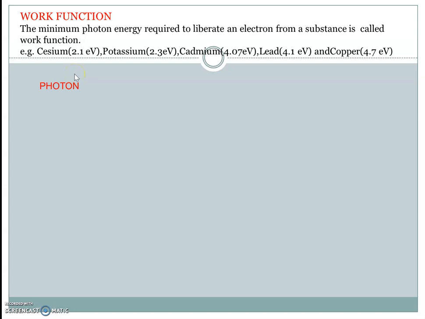Now move to next topic, which is photon. I have included photon because photon is very important feature of photoelectric effect. Planck's quantum theory suggests that radiation travels in form of energy packets. Those packets are known as photons or quanta.